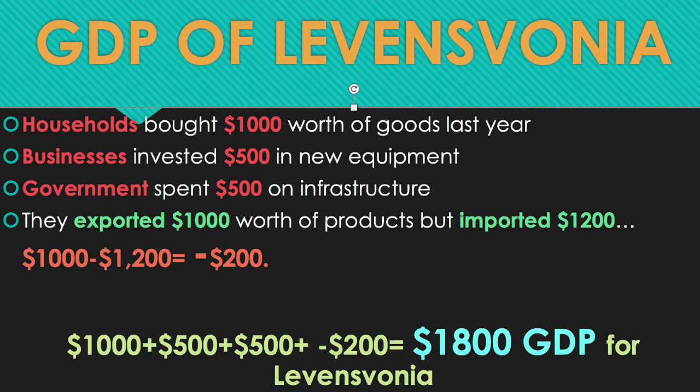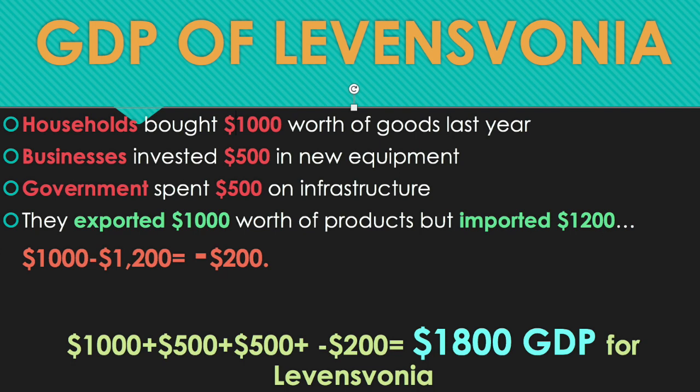The businesses in Levinsvonia invested $500 in new equipment. The government of Levinsvonia spent $500 on roads and such. And then during that year, Levinsvonia exported $1,000 worth of products, but imported $1,200. So ultimately, our net exports is equal to negative $200.